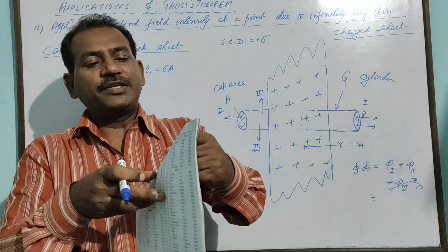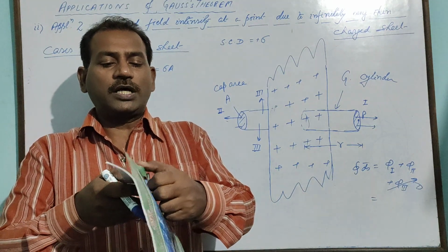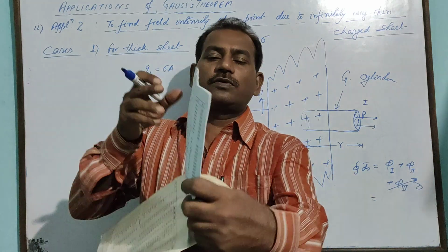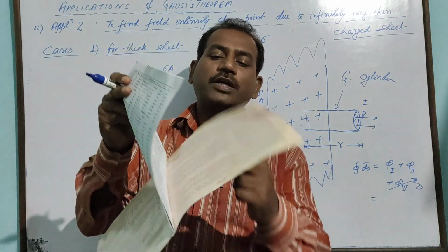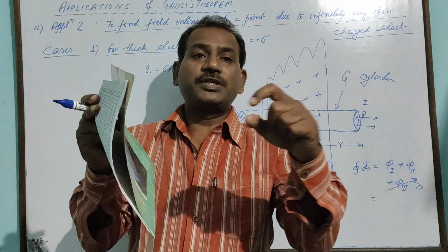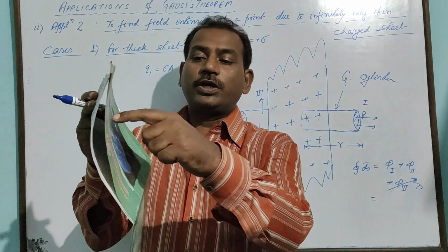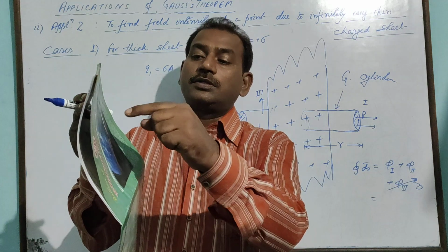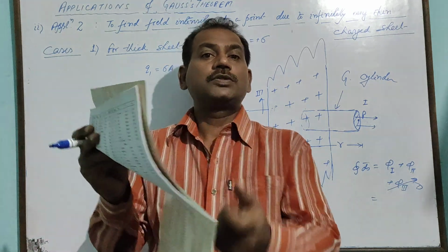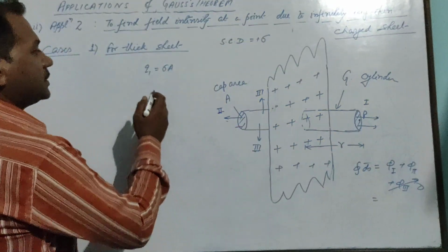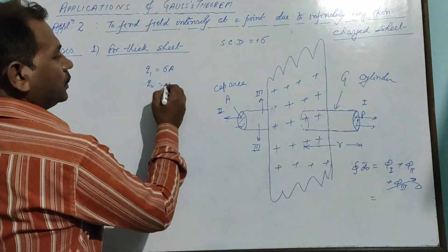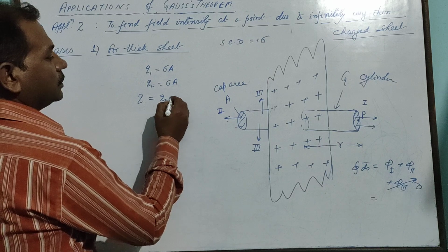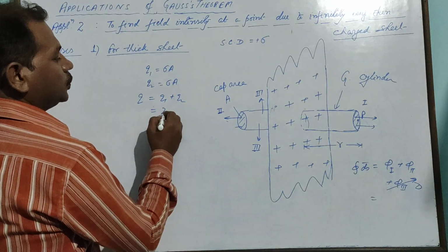Now when it penetrates through this portion to the last face, it will not enclose any charge because there is no charge inside. When the Gaussian surface comes out from this surface, whatever the charge it has, again it will collect the charge. Cap area will remain the same. So charge acceptance from the second face will again be sigma A. That means net charge enclosed is 2 sigma A.